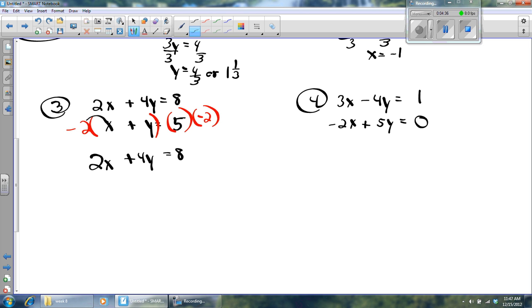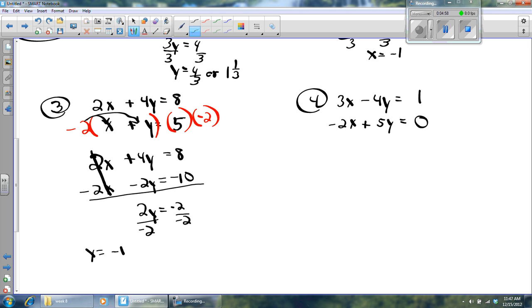I'm going to distribute and get -2x minus 2y. That's going to equal -10. I'm going to add the equations together. x's will cancel. I'll have 2y equals -2. Divide by -2, divide by -2. y is going to equal -1.